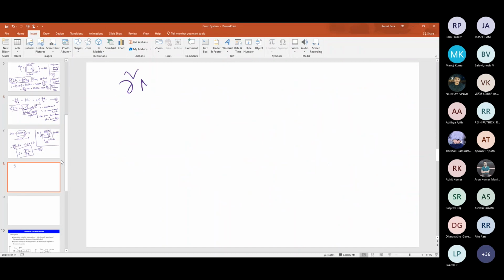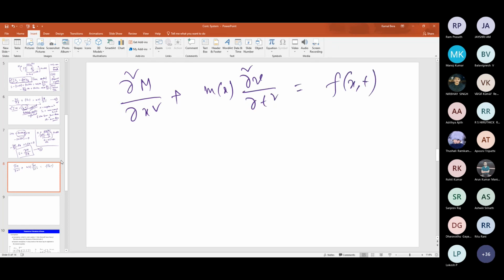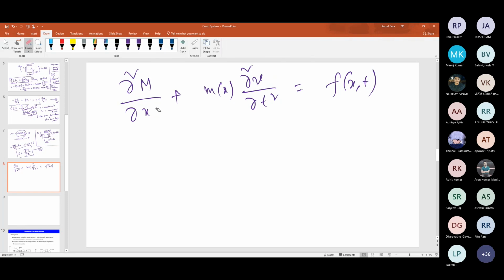So del 2 M by del x2 plus, on the right hand side, mass per unit length into del 2 v by del t2 equals f(x,t). Is it okay? Does anybody have a doubt with this equation? Any issue with this equation? It's 2, right? Is it 2?